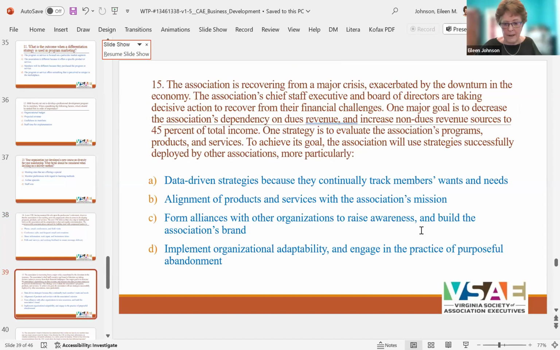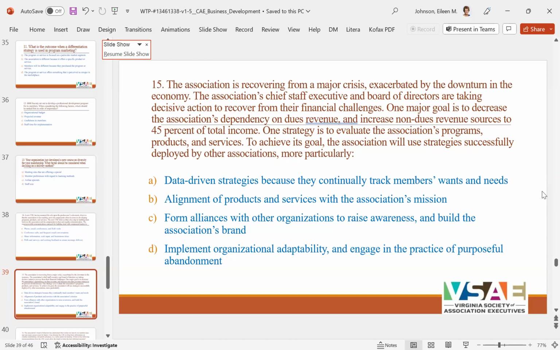Oh. Major crisis. The association is recovering from a major crisis exacerbated by the downturn in the economy. The association's chief staff executive and board of directors are taking decisive action to recover from their financial challenges. One major goal is to decrease the association's dependency on dues revenue and increase non-dues revenue sources to 45% of total income. One strategy is to evaluate the association's programs, products, and services.